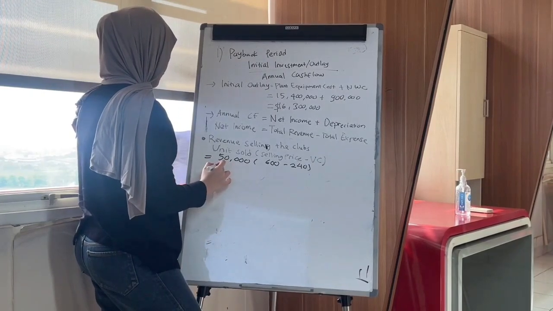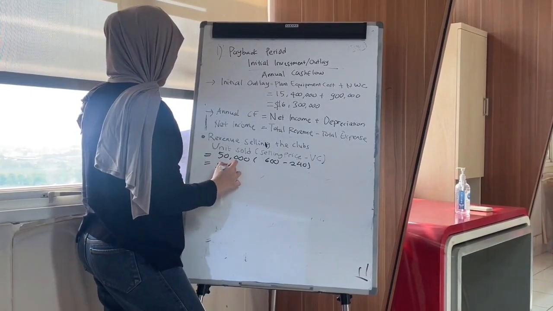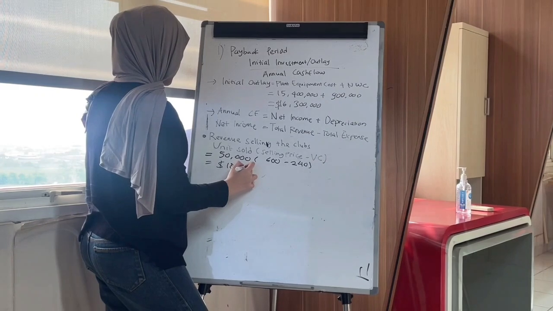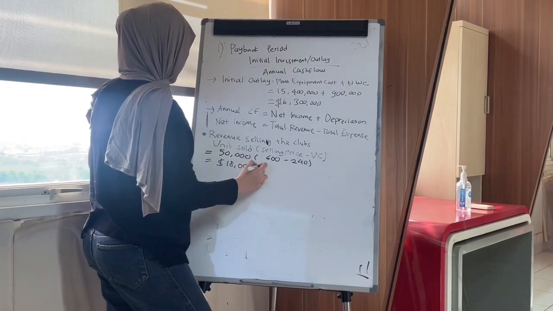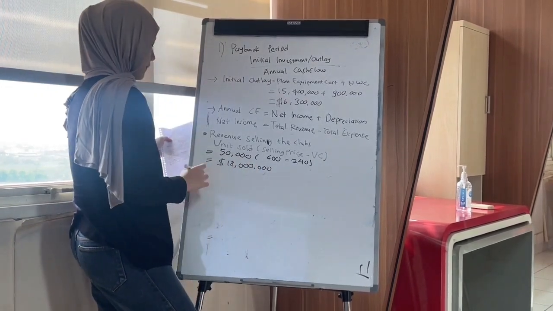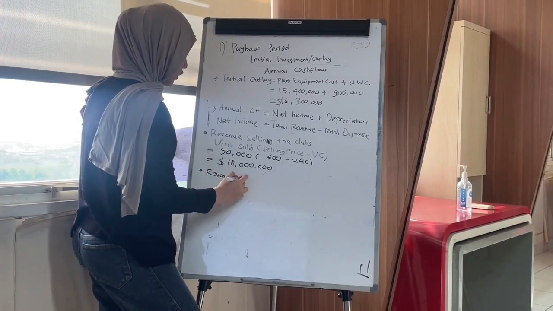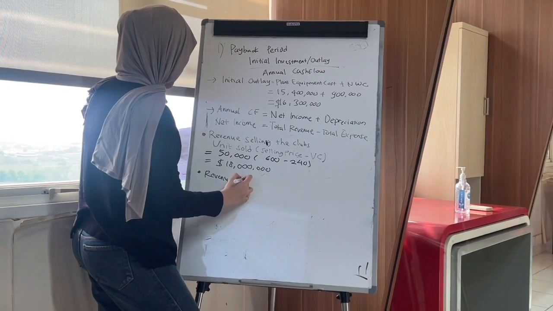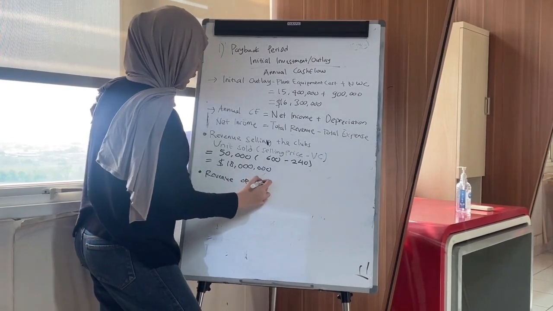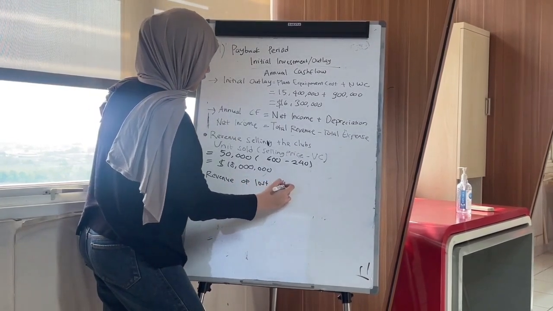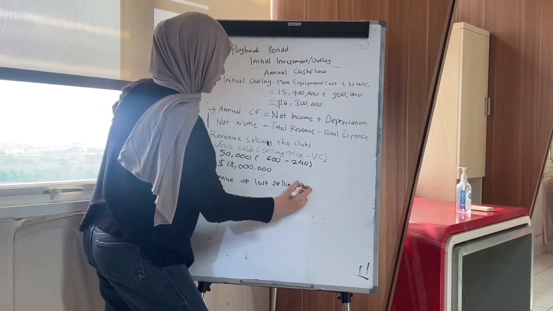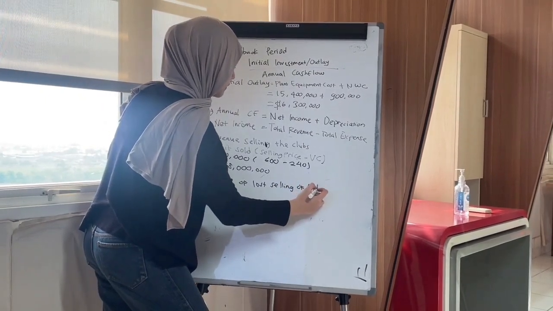So we have $18 million. And then the next one is to calculate the revenue lost from selling of the high price club.